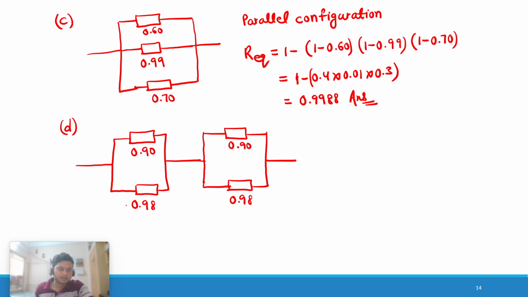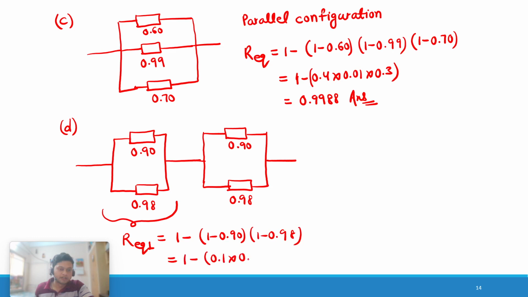Now first we will find out for a single term. Suppose we are finding out this left hand side R equivalent, so take it as R equivalent 1. So how can you write it: 1 minus 0.90, 1 minus 0.98, 1 minus 0.1 into 0.002. So 1 minus 0.002, 0.998.